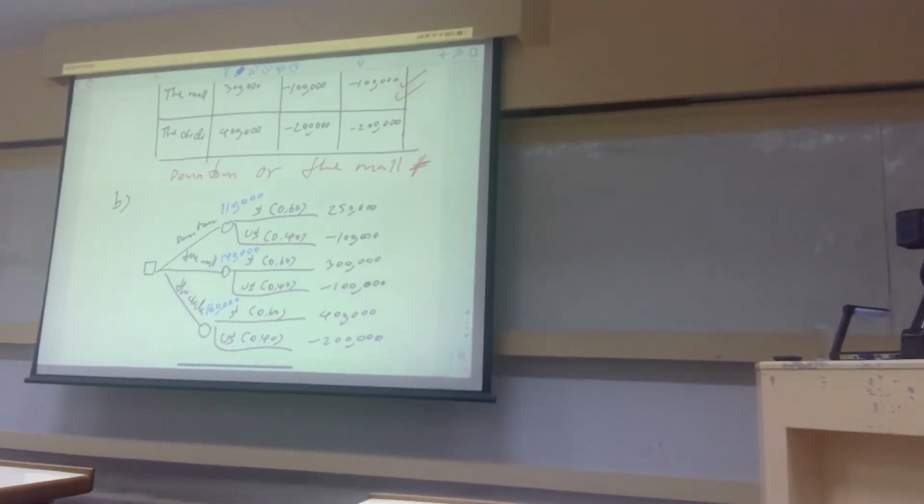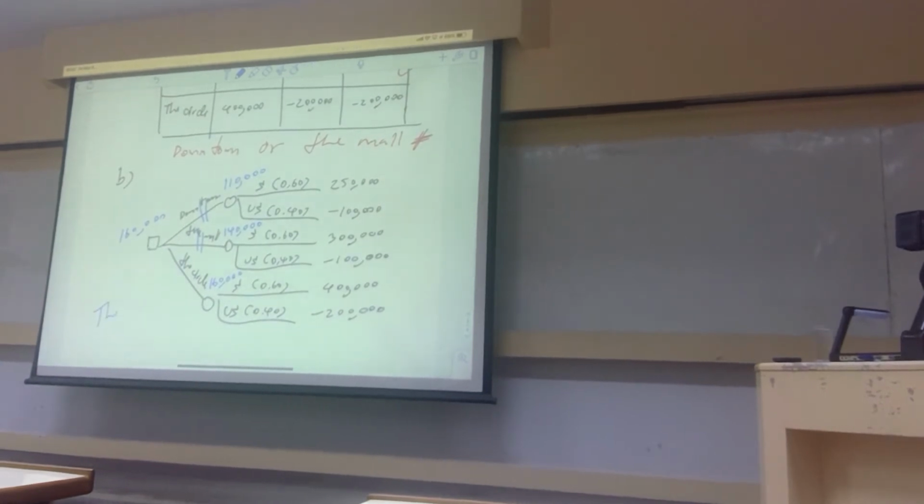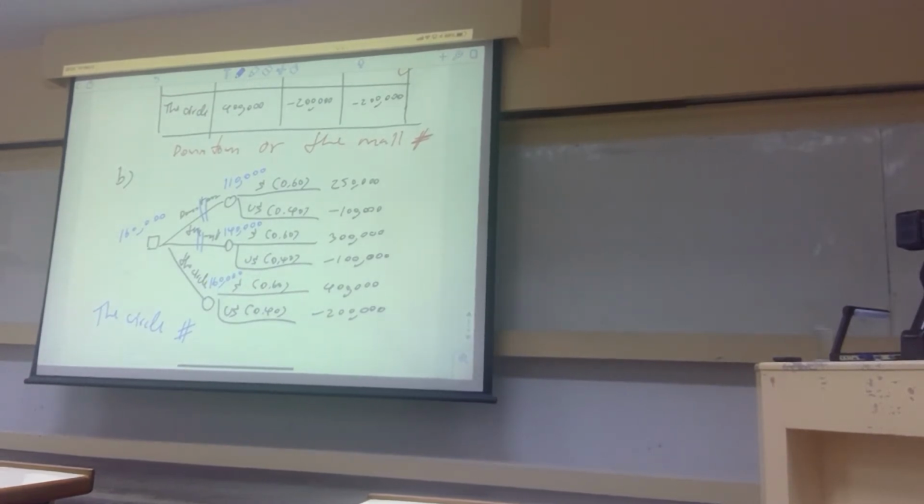So we select the one that has the highest EMV. So we cut off downtown and the mall. So we select the circle. And we can expect that they are equal to 160,000.